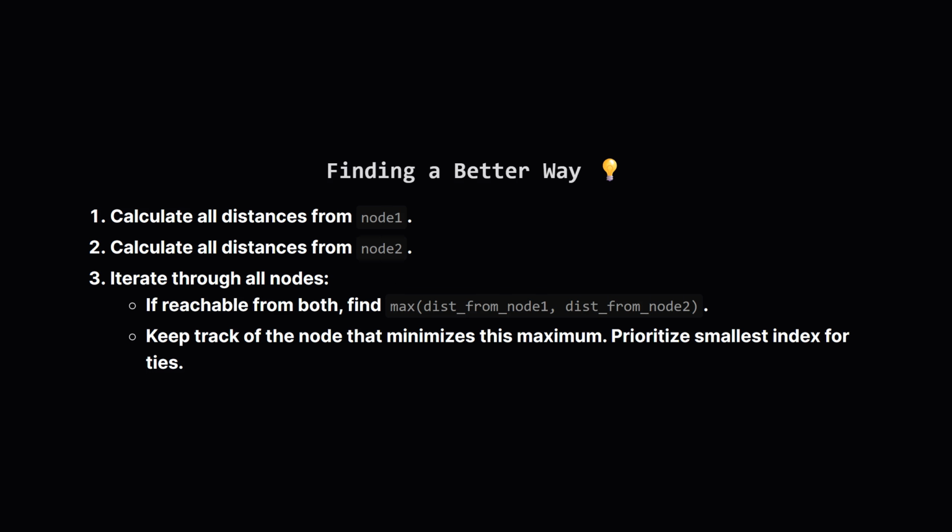So a clear strategy emerges. First, let's figure out the distances from our first starting node, node 1, to every other node in the graph. We can use BFS for this. We'll store these distances. Second, let's do the same thing but starting from node 2. We'll run another BFS and get all distances from node 2 to every other node. Once we have these two sets of distances, we can go through each node in the graph, from 0 up to n-1.